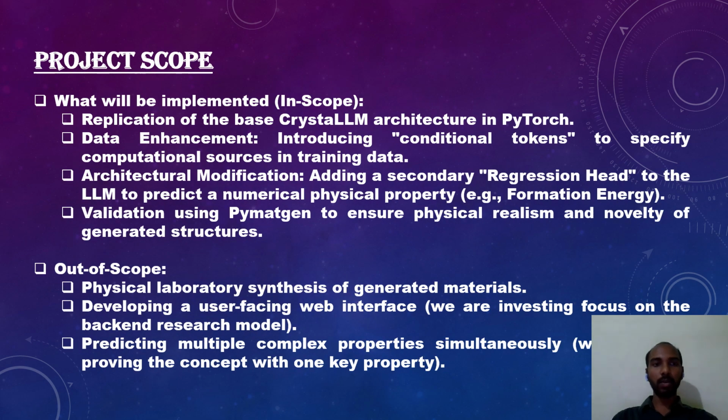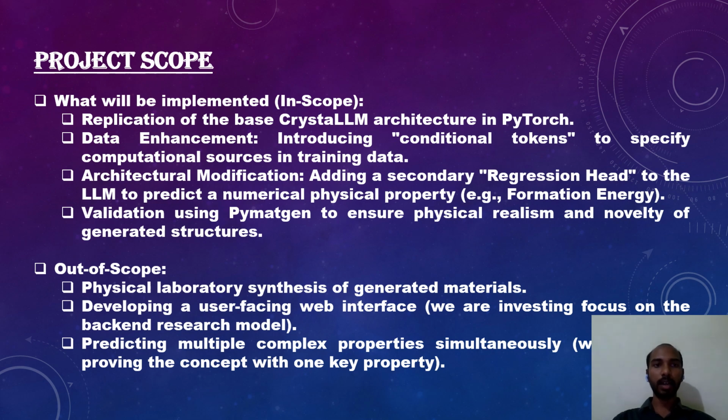So the project scope in our project: we will replicate the original Crystal LLM architecture using PyTorch so that we can understand how the base model works, and we will try to optimize this model. We plan to improve the training data by adding something called conditional tokens, and these tokens help the model understand which dataset or computational method the data is coming from.